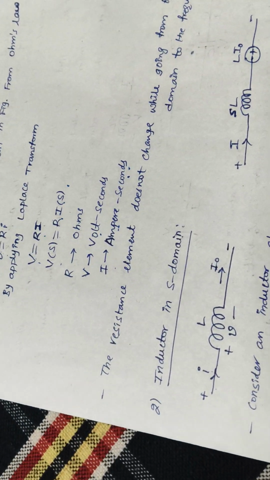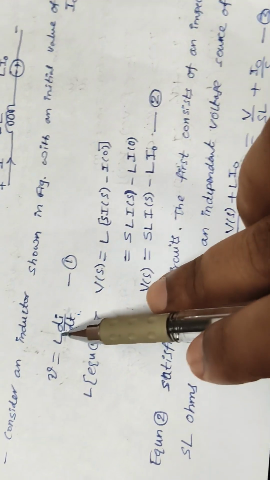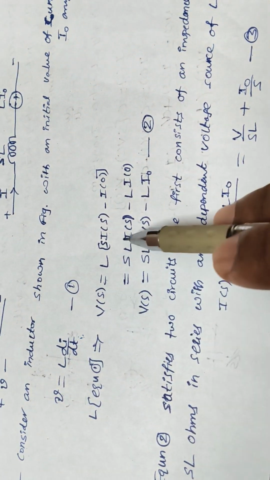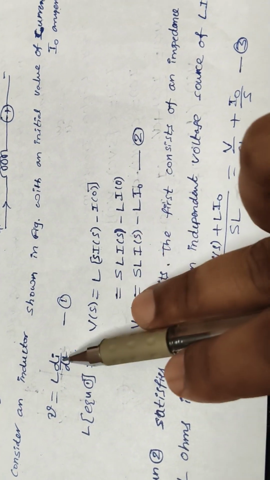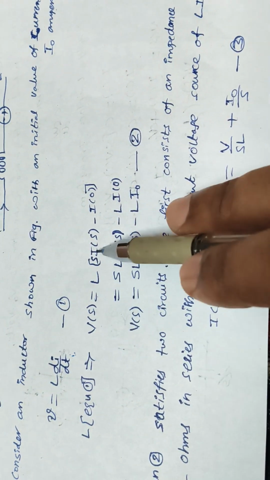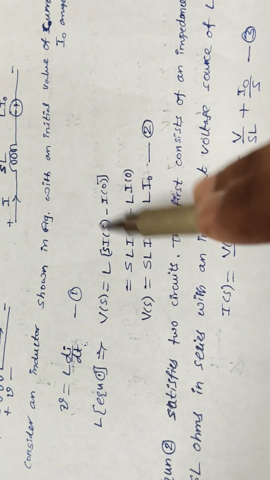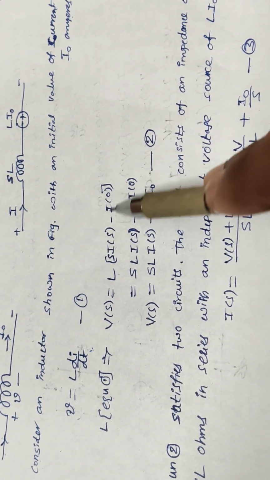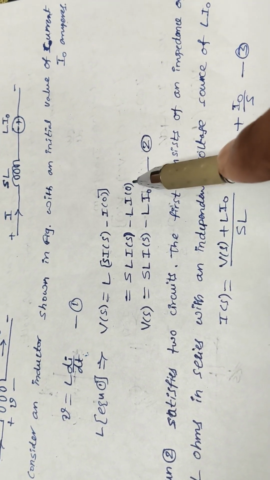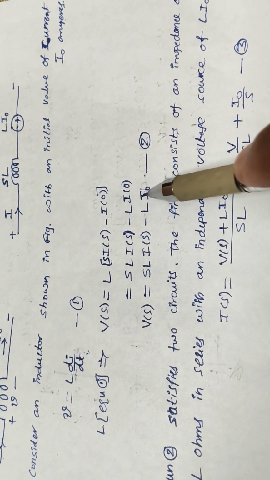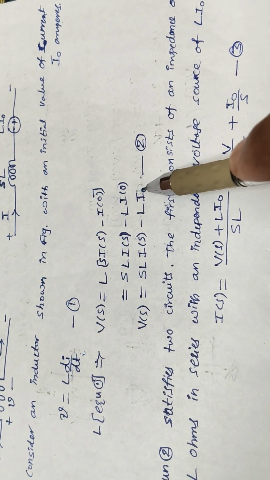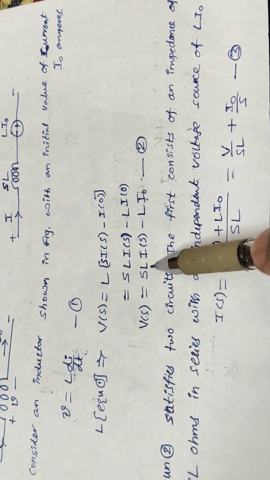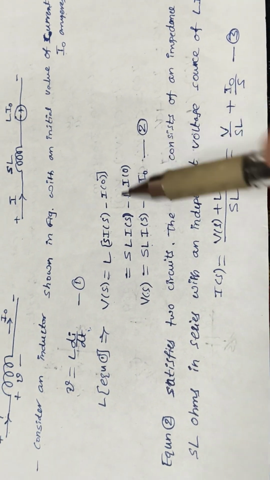In a similar way, the Laplace transform of L into di by dt, where L is constant, is s into I of s minus i of 0. If I multiply with L, it becomes sL into I of s minus L into i of 0. I can rewrite i of 0 as I naught, as it is the initial current. So V of s is equal to sL into I of s minus L into I naught.